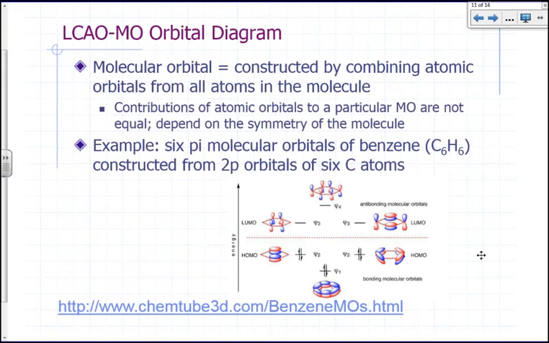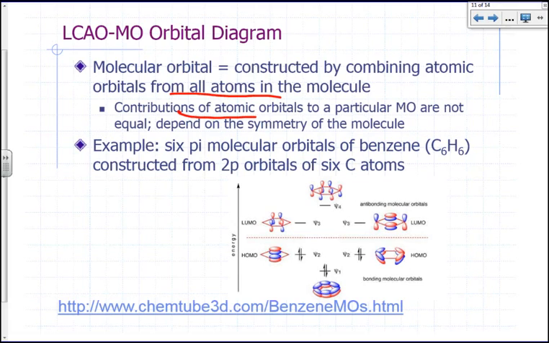All right. So now let's take a look at the LCAO-MO theory. As we said earlier, in this approach you construct molecular orbitals by combining atomic orbitals from all the atoms in the molecule. Not every atomic orbital is going to contribute equally to a particular molecular orbital. The contributions will depend on the symmetry of the molecule.